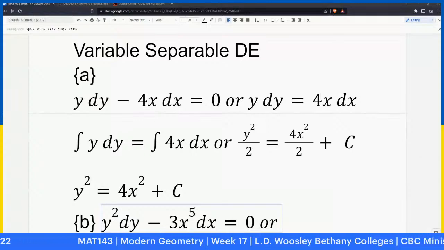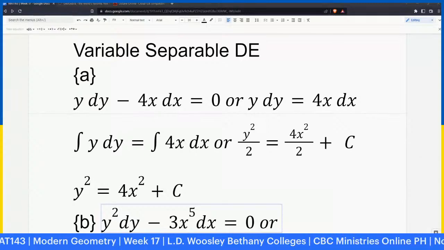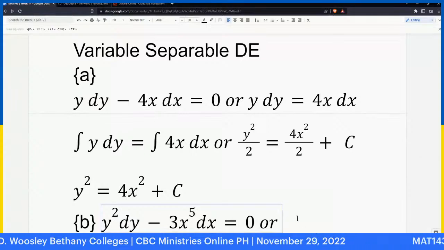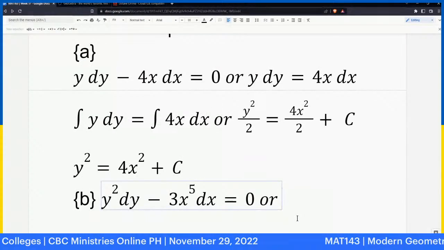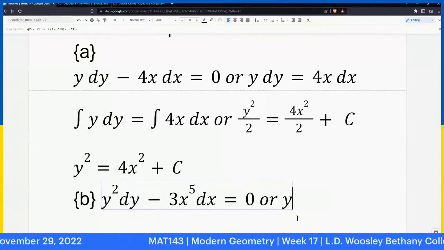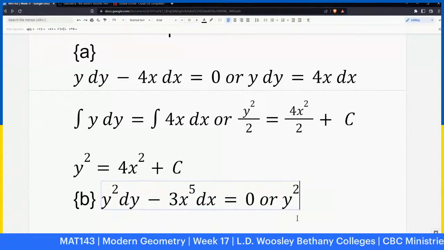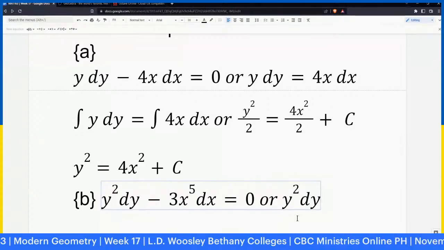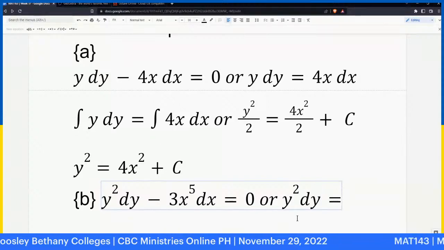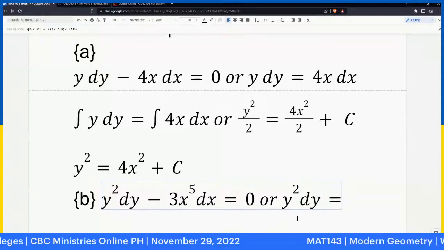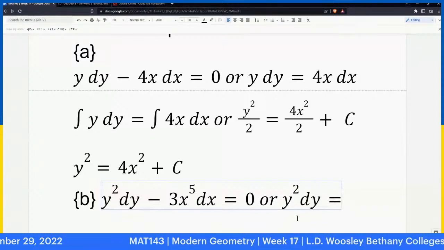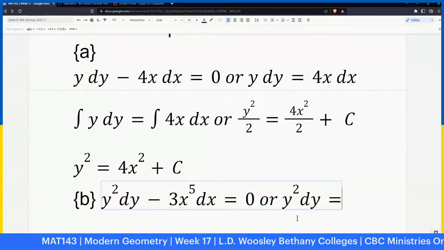Okay na. Sige. You tell me your, you rearrange. Please tell me the arrangement. That becomes y squared dy is equal to 3x raised to the 5th dx po.